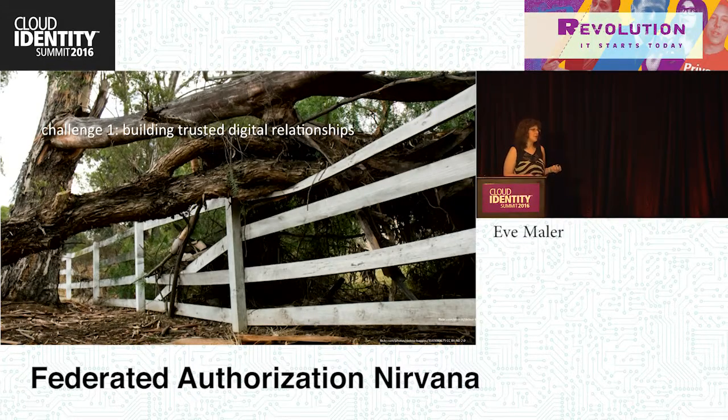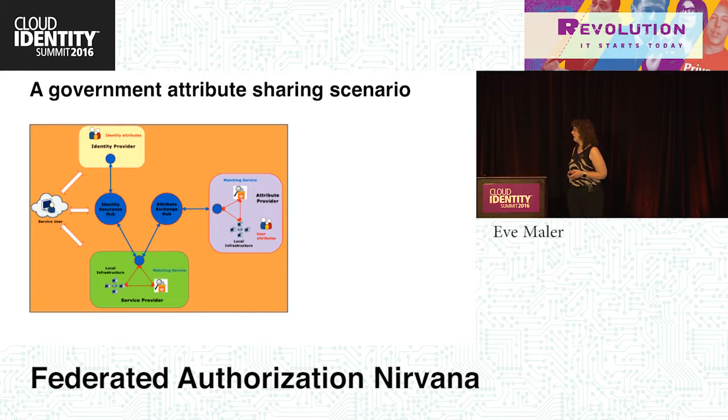So I want to share with you some real-life scenarios where UMA is being worked with, being POC'd, being considered. And the first one is an attribute sharing scenario, identity attribute sharing scenario, being looked at in a government context.